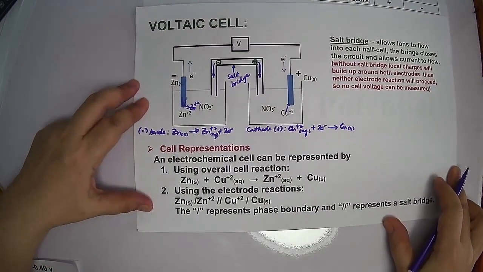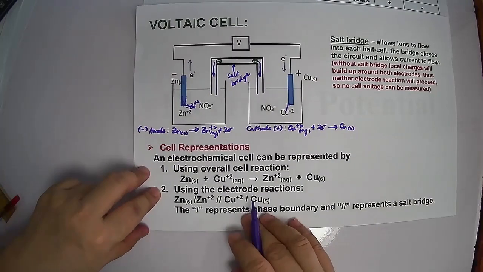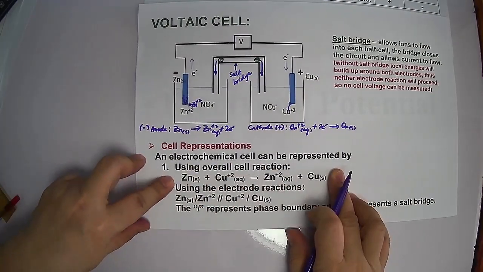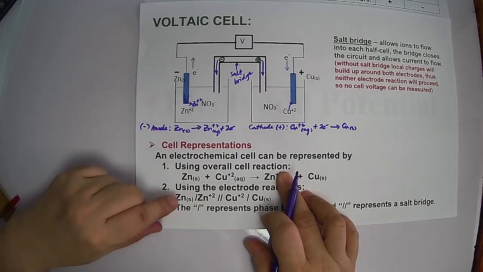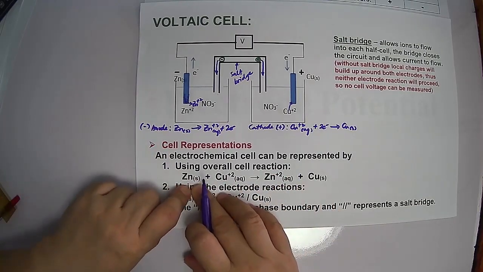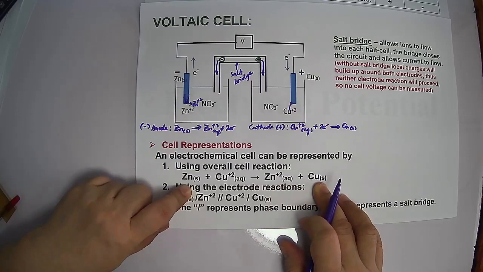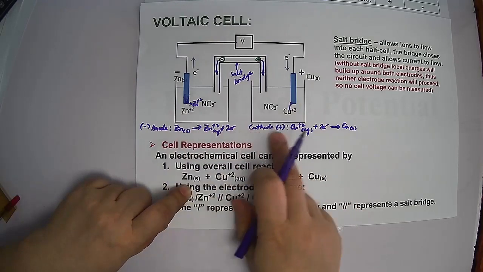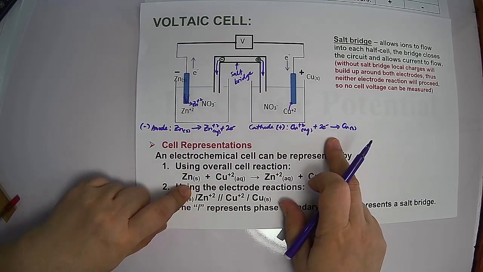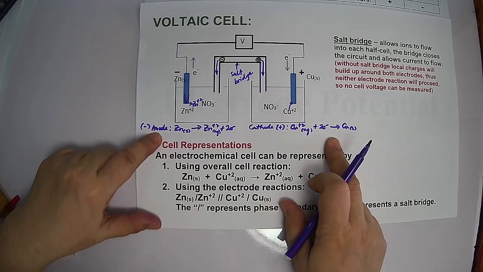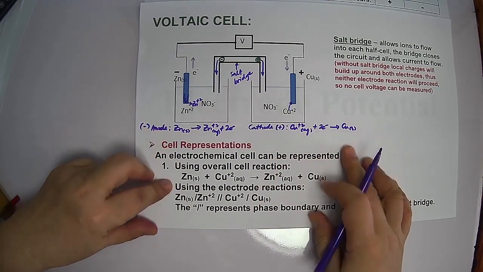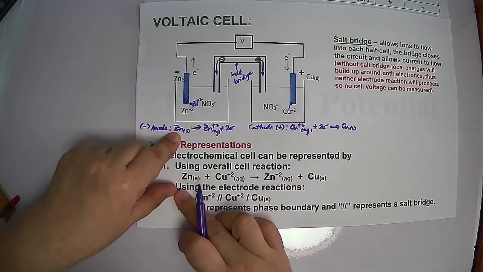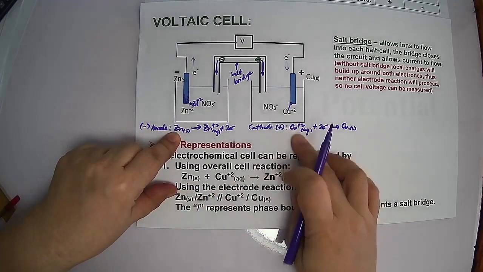Or we can represent the Voltaic cell in two ways. One is using an overall cell reaction. The electrochemical cell is represented by the overall cell reaction by adding the two half cell reactions, the anode half cell reaction and the cathode half cell reaction. Here we have the zinc. If you add the two, we have the copper ion.